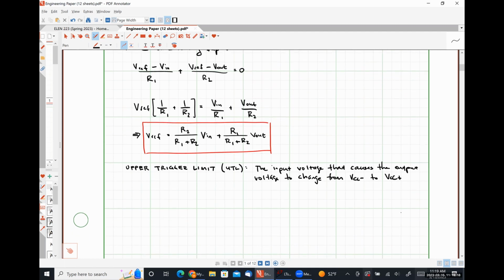And similarly, the lower trigger limit is the opposite.